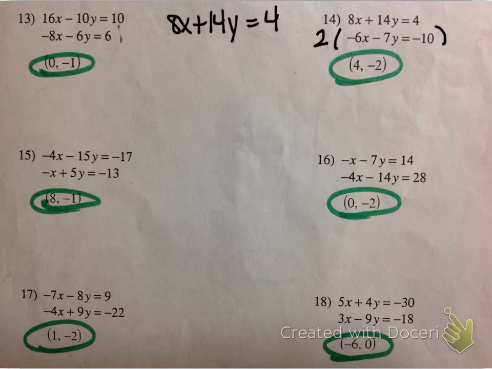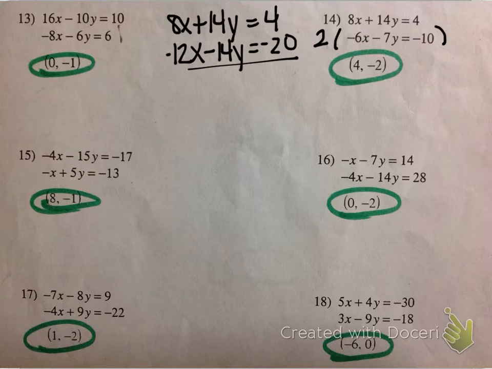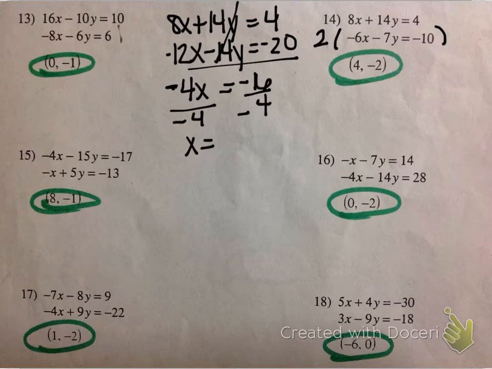So here's my top equation. And then when I multiply this by negative 2, I get negative 12x minus 14y equals negative 20. And then, of course, the 14y's cancel. And we get negative 4x equals negative 16. We are going to divide by negative 4, and we get x to be 4.